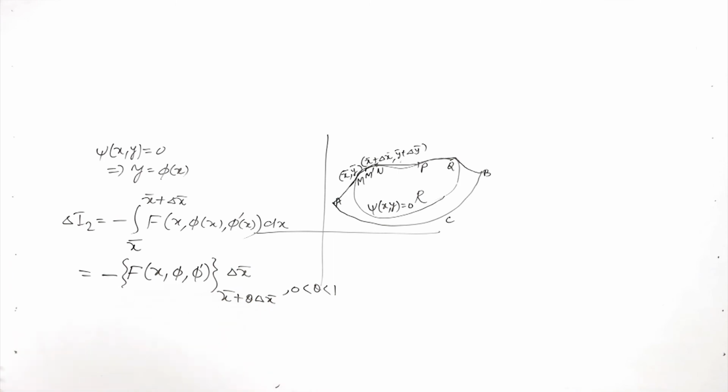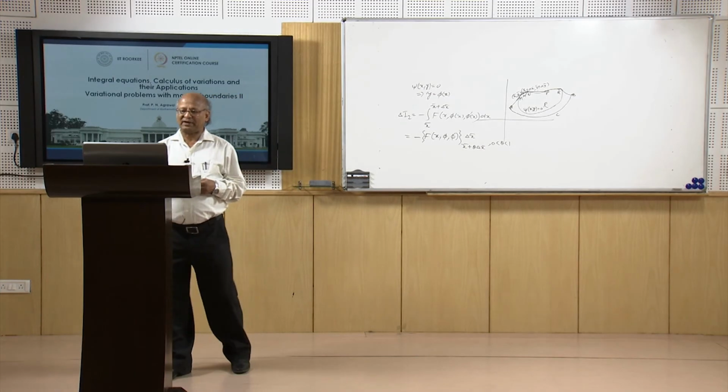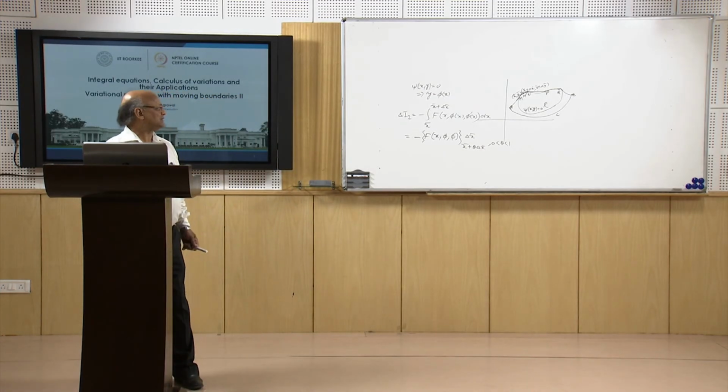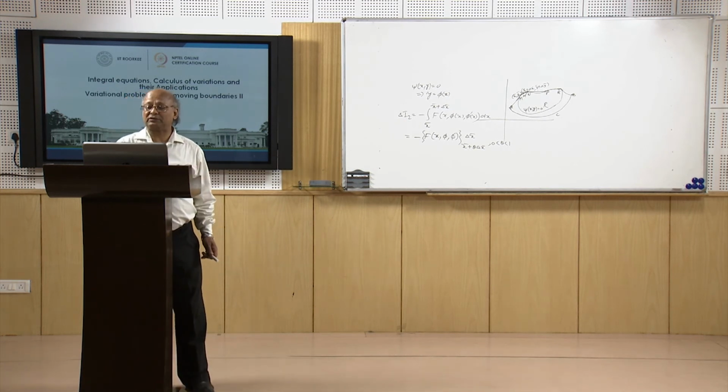So by the mean value theorem we can write it as minus f(x, phi, phi') at x bar plus theta delta x bar into delta x bar, where theta lies in the open interval (0, 1).